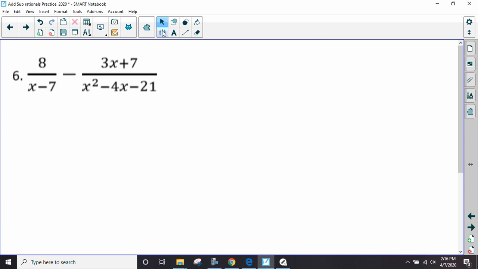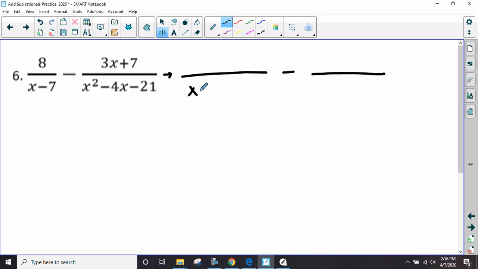All right. Moving on to this one right here. It's the same type problem, it's just a different setup. Don't get all scared about it. All right, we know that this is going to have an x minus 7 over here. Why? Because I've told you a bajillion times. Bajillion. Yes, it's a real number.